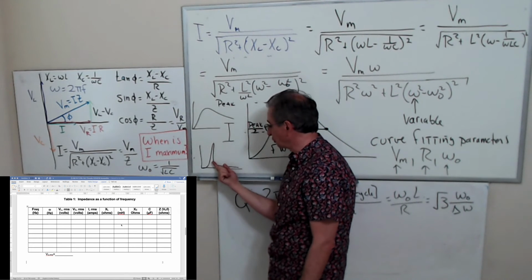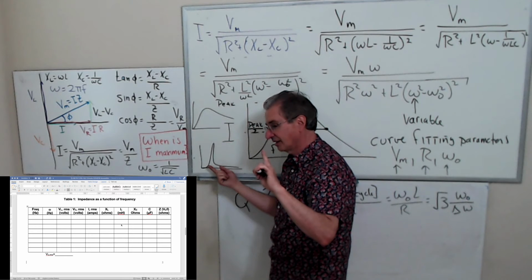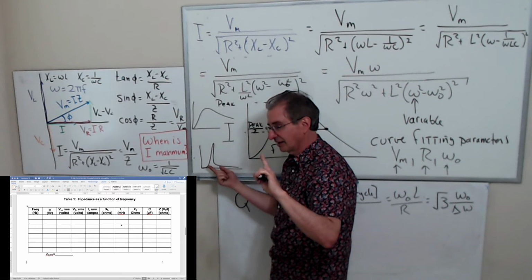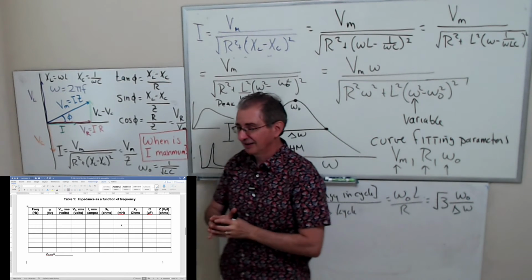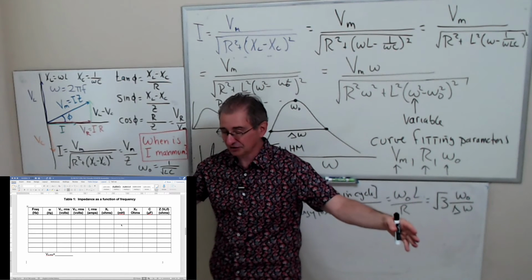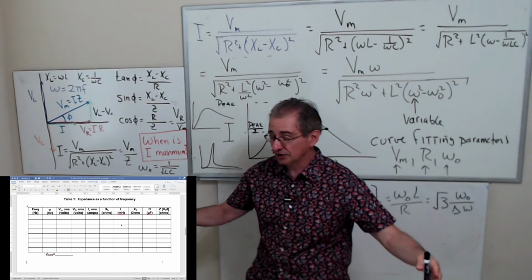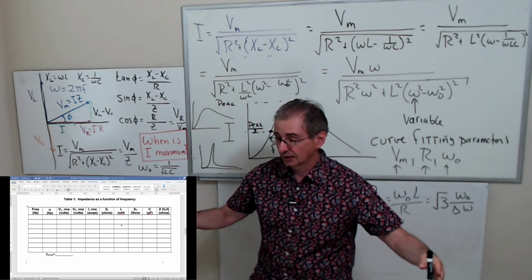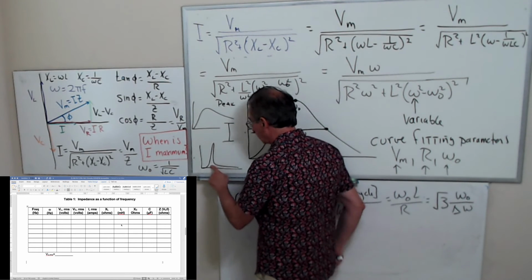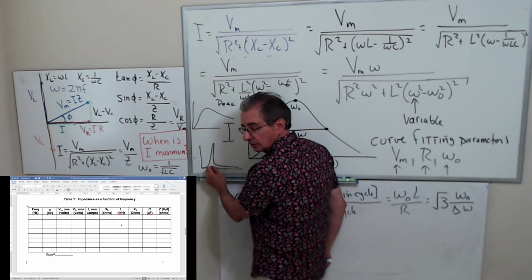So don't you want your circuit to just pick one frequency? You don't want it to pick 96.9 and 93.7 at the same time, because what are you going to listen to? It's going to sound like noise, right? So you want your graph to be really narrow, so you want high Q.